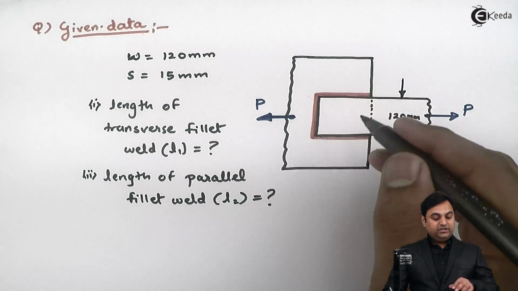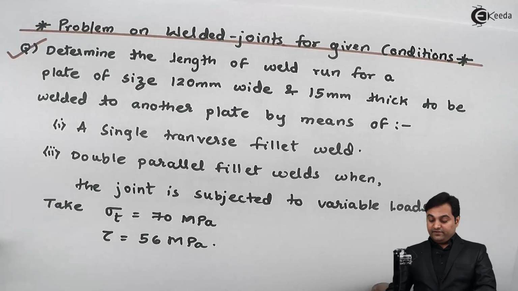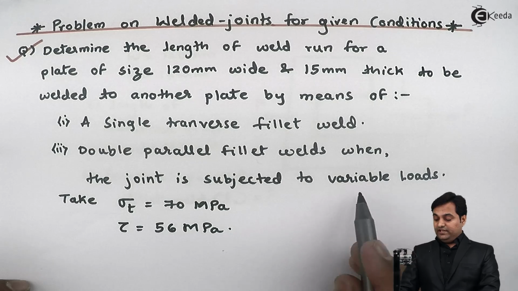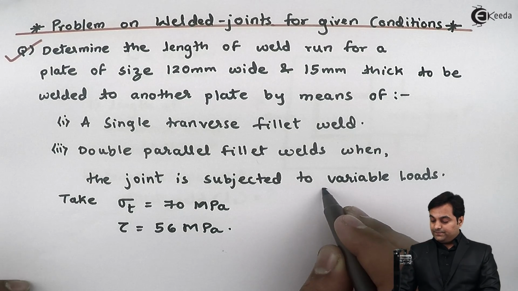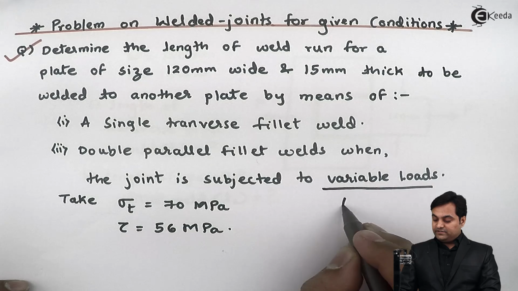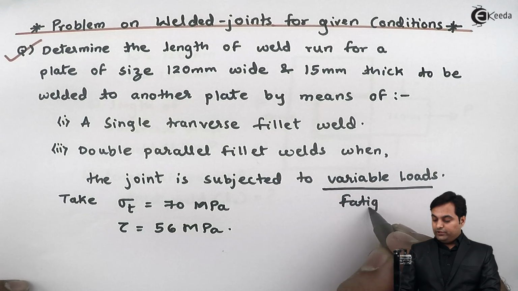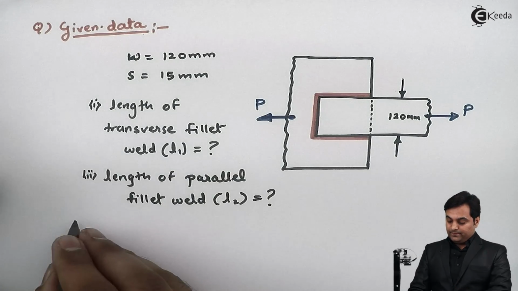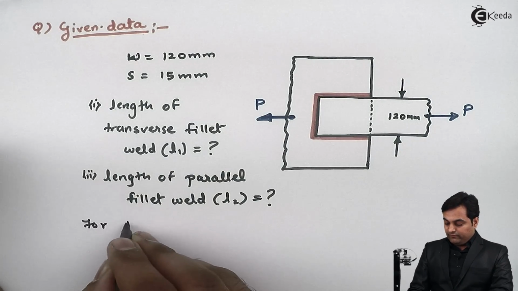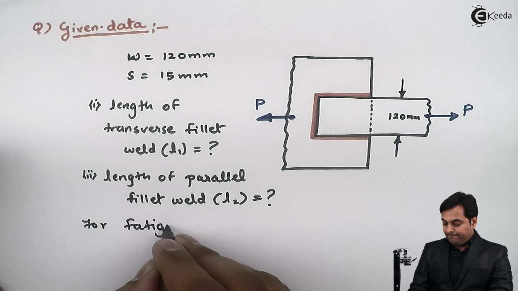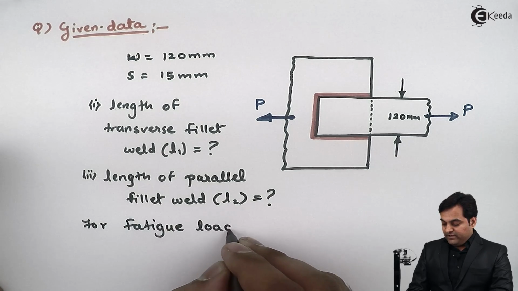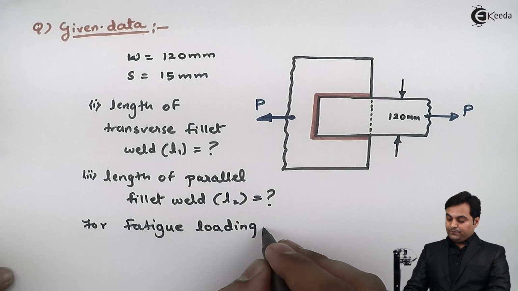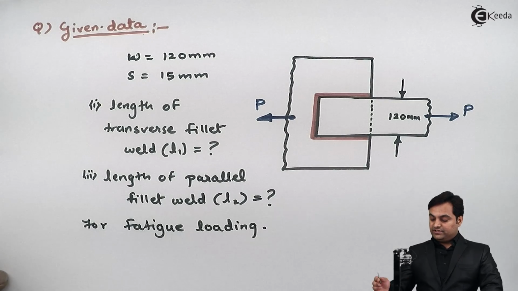We need to know how much is the length of weld, and they have given that the joint is subjected to variable loads. See, variable loads means this condition means that it is subjected to fatigue loading. So here we have to find out for fatigue loading the values of length of each weld, and then they have given the values of stresses.